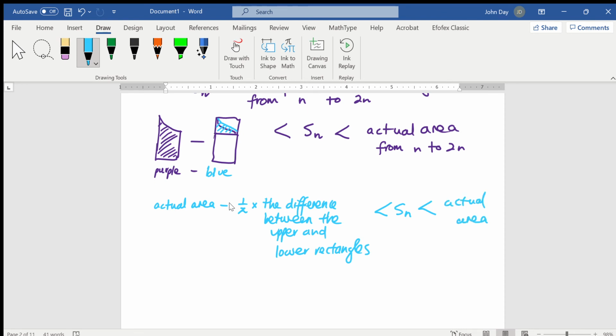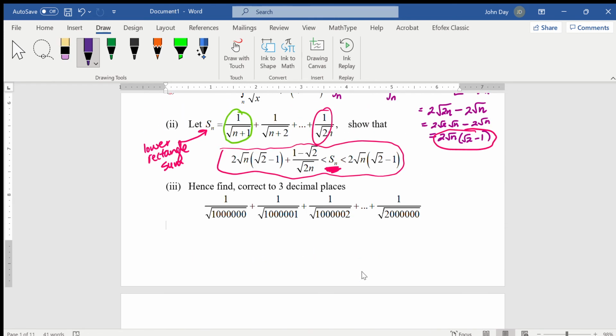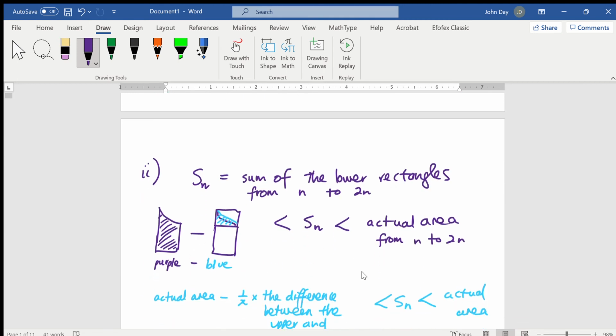All right, so if we work on that, we would say that we've got Sn here. In part 1, we worked out the actual area. I'm just going to grab that now. It's 2 root n times root 2 minus 1.